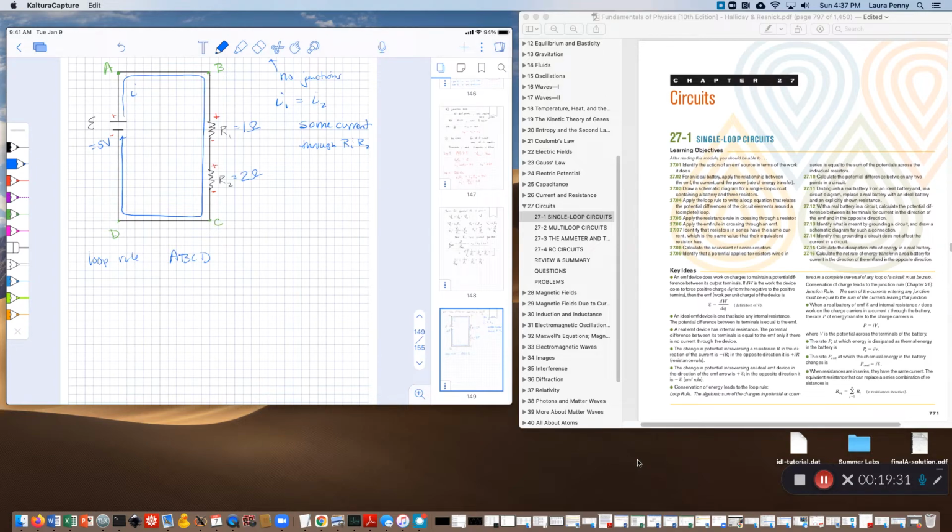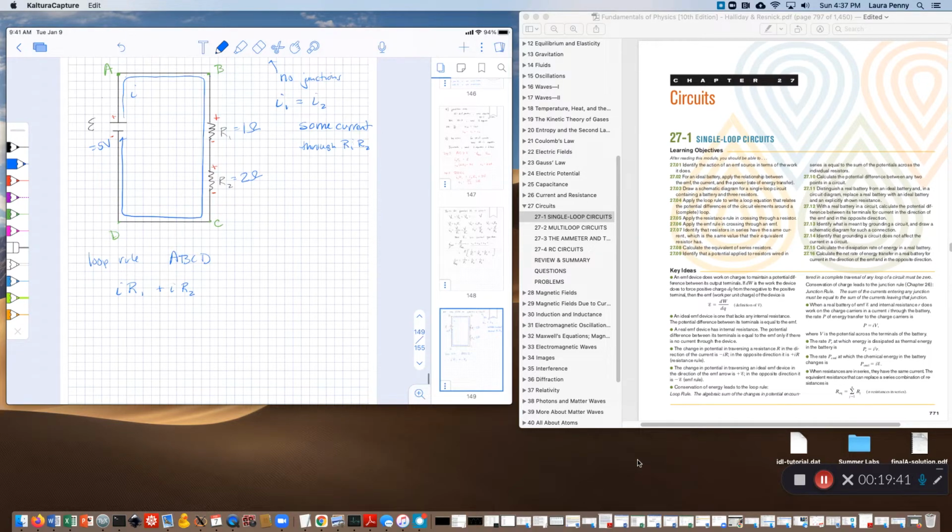From B down to C, first I go over R1, and then I go over R2. Then from C to D, there's nothing. From D back to A, I go over the negative to the positive of our EMF. And so it's a voltage rise.